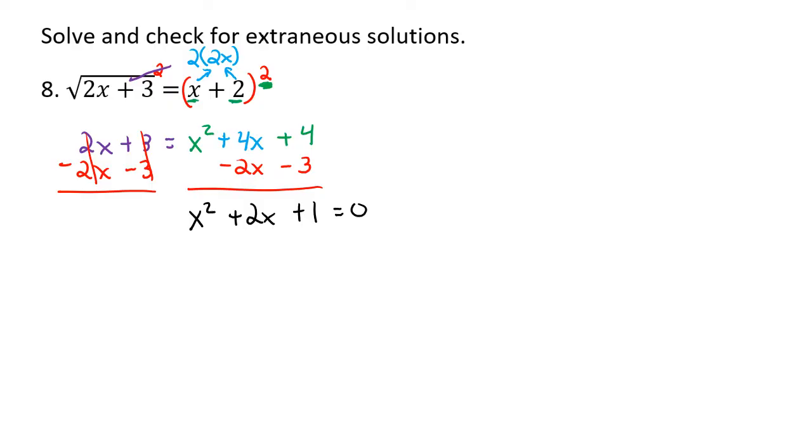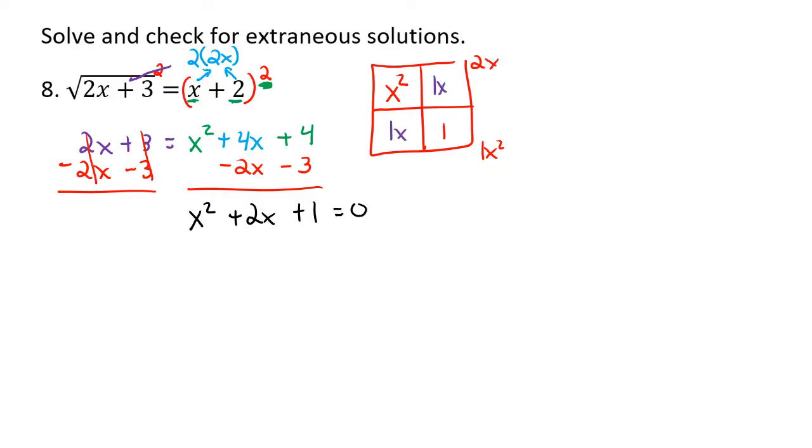Now we need to go ahead and we need to solve by factoring. So I'm going to make my box. We have x squared, a 1, a 2x, and then 1x squared. So I need two numbers that would multiply to be a 1, but would add to be 2. So 1x and 1x.